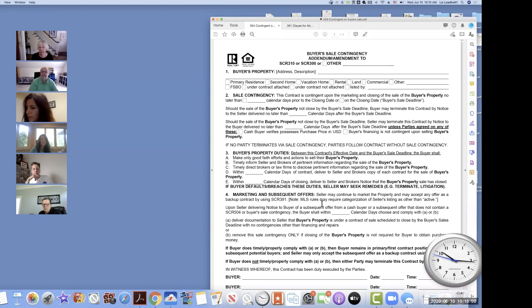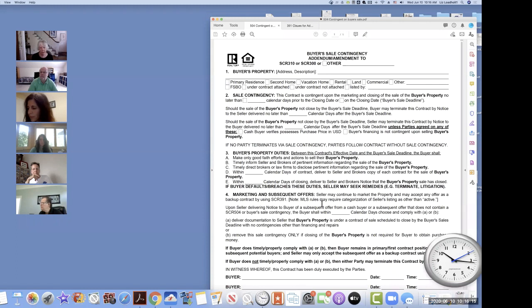The seller may continue to market the property and may accept any offer as a backup contract by using SCR 391. The SCR 391 is the additional clauses, addendum and clauses to a contract. It's like 3 pages long, and it's one that the majority of real estate agents, no matter how experienced they are, don't even know it exists.